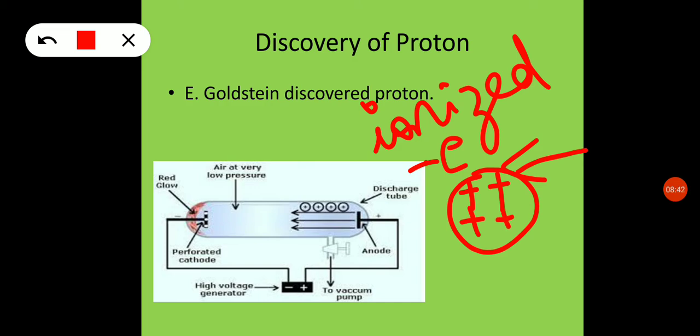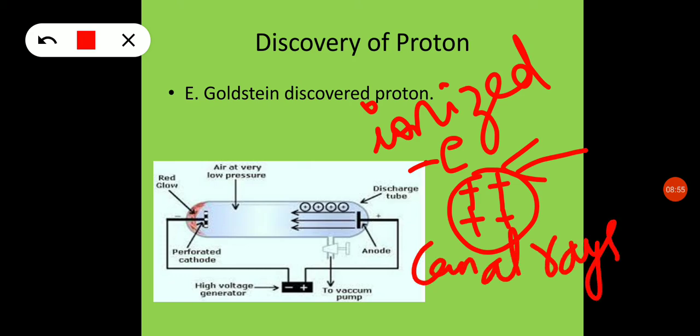These positively charged particles of the gas emitted rays called canal rays. Here you can see these rays were moving towards the cathode.